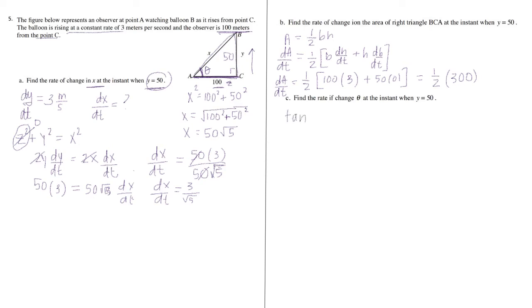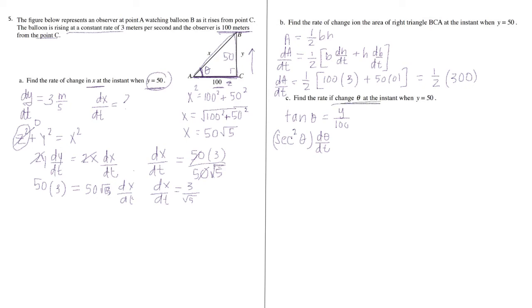So I would do tangent of theta equals y over 100, or 1/100 y. And now we need to do the derivative. And the derivative of tangent of theta is secant squared of theta times d theta/dt.